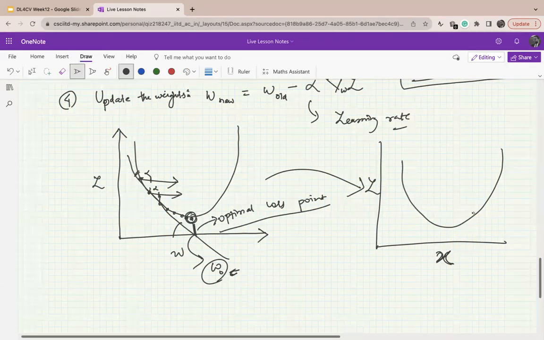It's fixed, it must be somewhere here or here. Let's say here is the point.